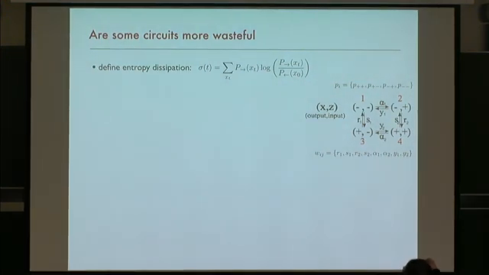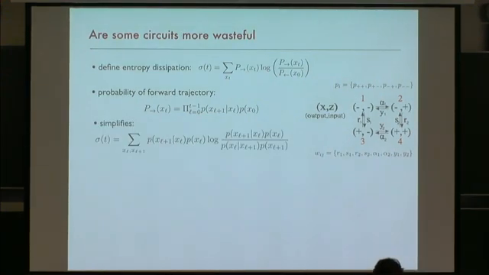But the thing, and I'm not going to have time to explain this, but when you look at those systems, the thing that strikes you is that they're all out of equilibrium. So we were wondering whether we can actually calculate the entropy dissipation associated with it.